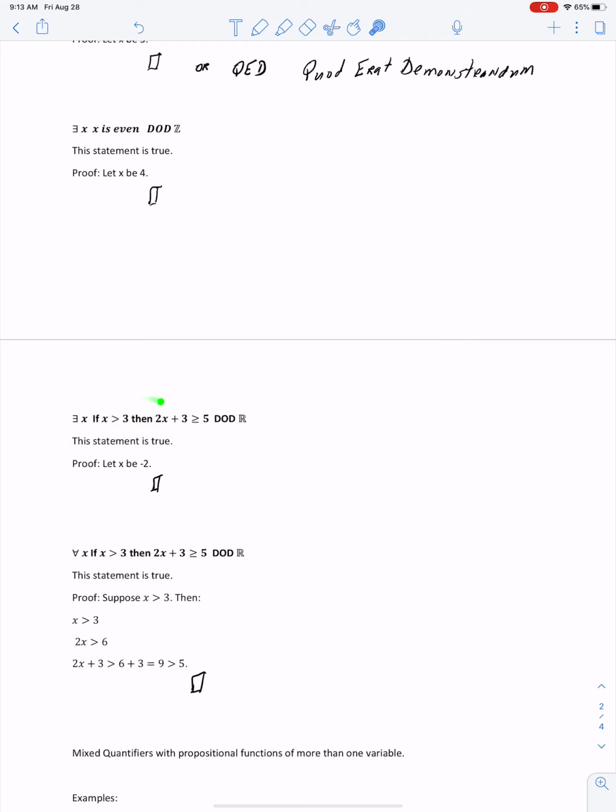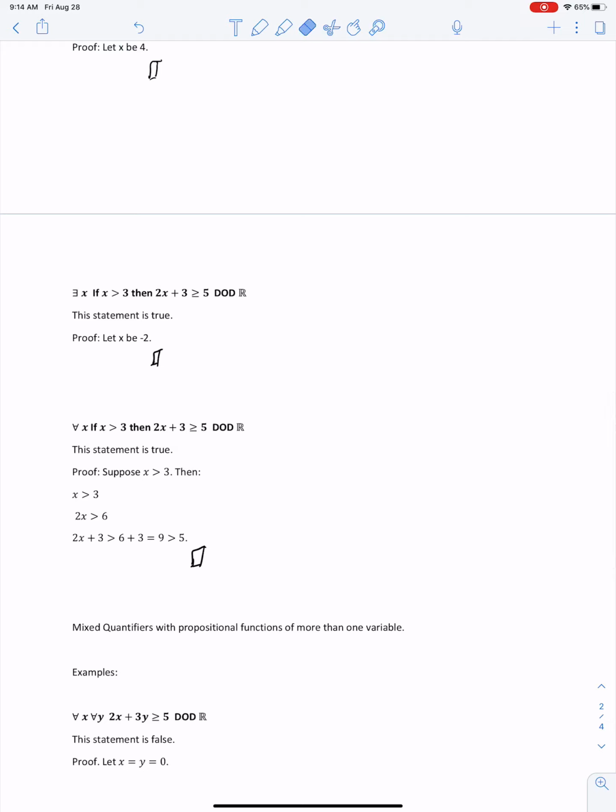But if a conditional statement has a hypothesis that is false, then in fact the conditional statement is true. So the point is, if x is minus 2, this statement is perfectly true, and I found one example.